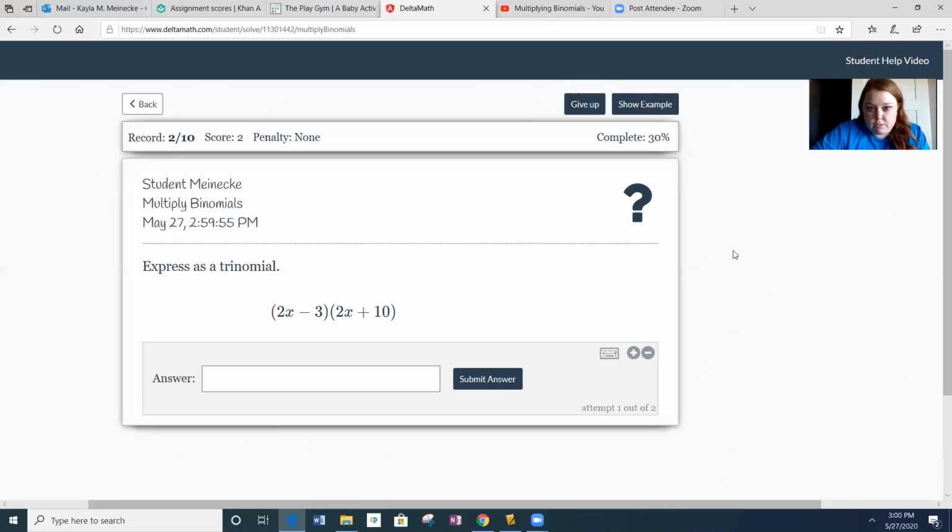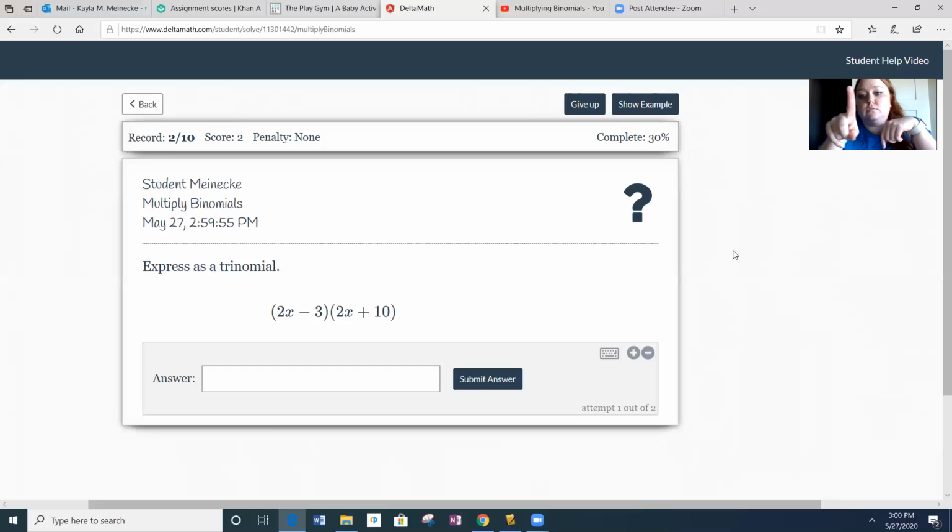So 2x minus 3 times 2x plus 10. So here's what I'd start typing. First, we multiply 2x times 2x, which equals 4x squared, period. And I go to my next. And by the way, I'm using FOIL. If you use box method, you would have to explain all that, okay? Then I multiply my outside terms.